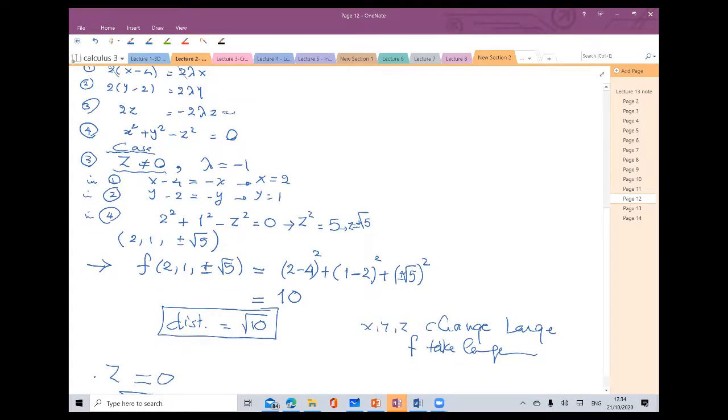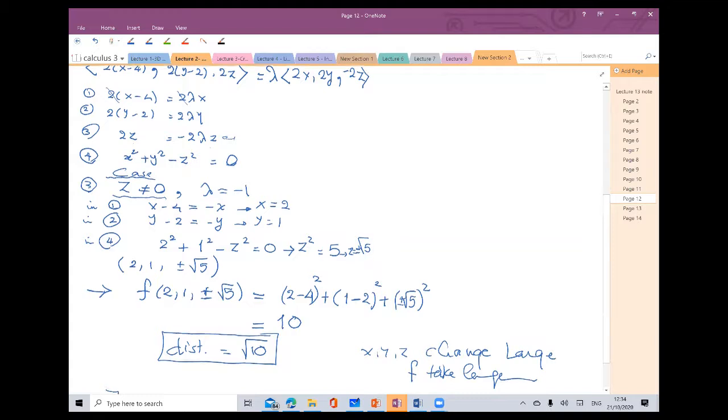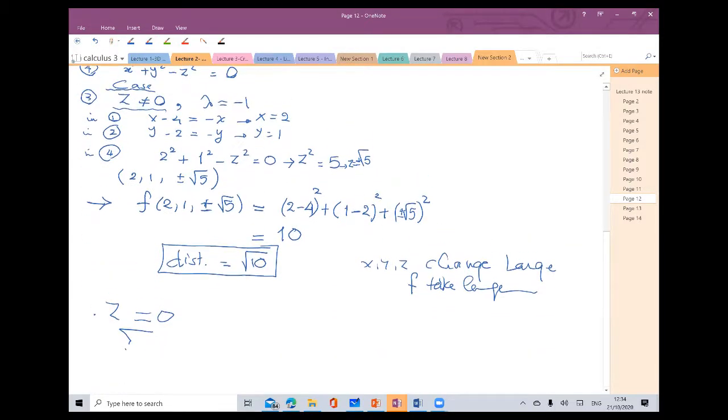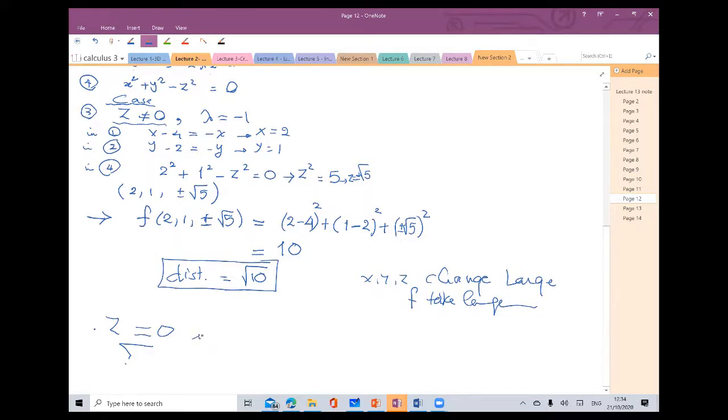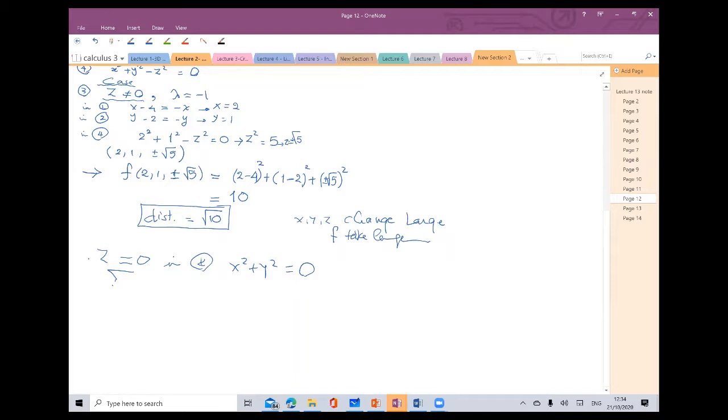So here if I put z as zero, equation 3 gives me 0 equals 0, right? So I'll end up with x minus 4 equals... If I put z as zero, I'll notice something when I put it in equation 4: x squared plus y squared equals 0, since x squared plus y squared minus z squared is 0. So it has only one solution, right?